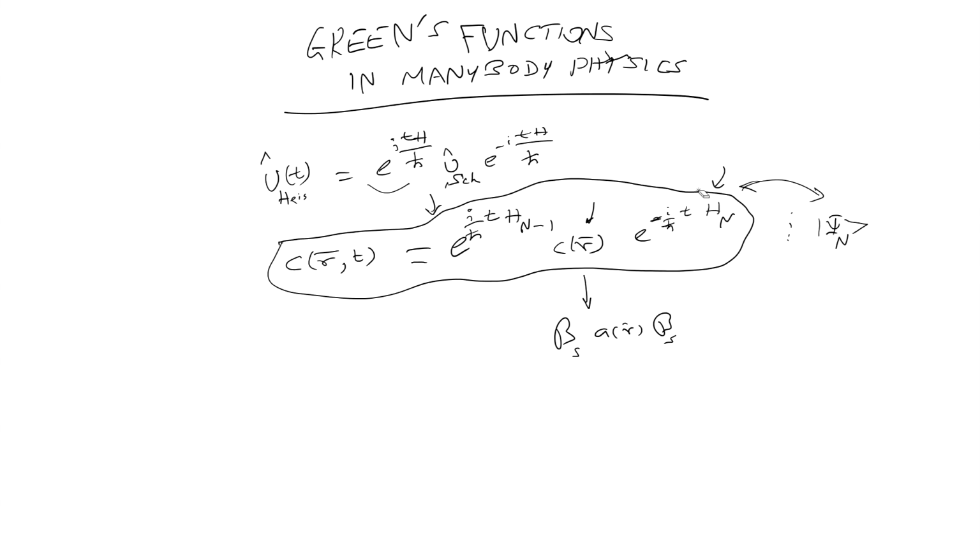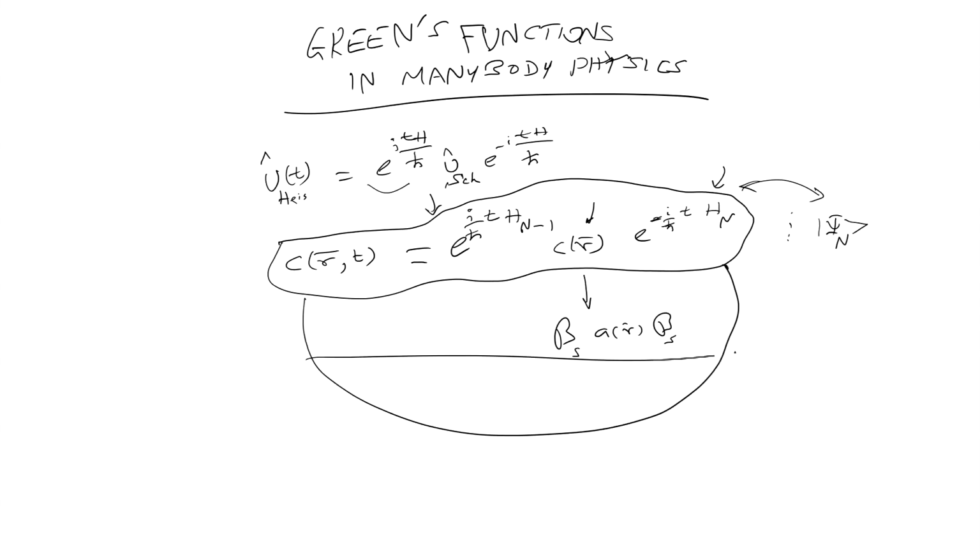Well, the creation operator is different. With the creation operator, you are starting with the Heisenberg, well, this is the Schrodinger picture, this is the Heisenberg picture, and you always start with n particles, but then when you create a particle, you are going to end up with a state with one more particle.